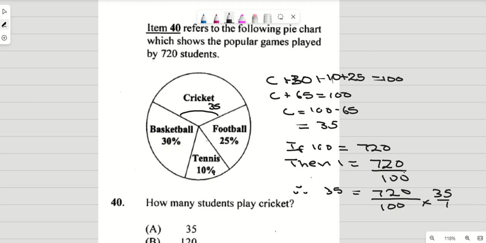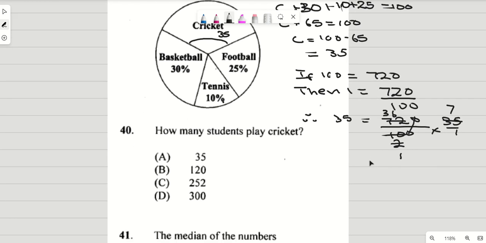First off, cross out the zeros. 5 into 10 is 2. 5 into 35 is 7. Then 2 into 2 is 1. 2 into 72 is 36. 36 by 7. 7 sixes are 42. It ends in 2, so the answer is C.